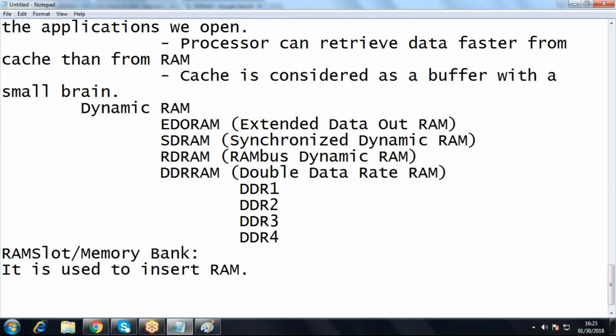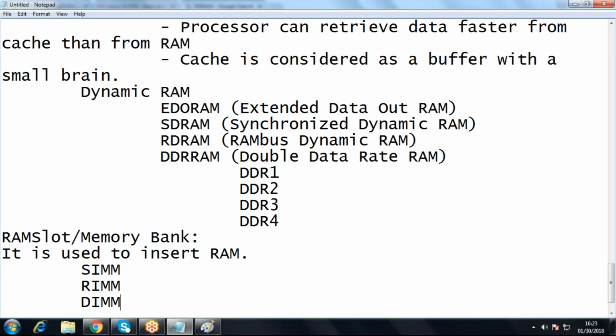In this RAM slot or memory bank, you are having three types of slots: SIM, RIM and DIM. SIM stands for single inline memory module.